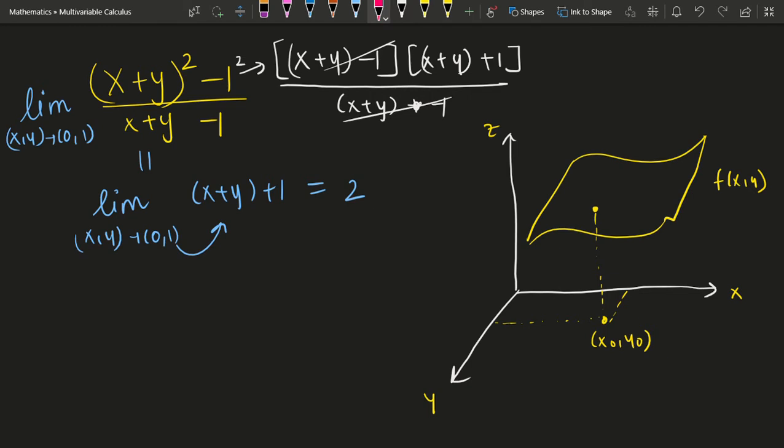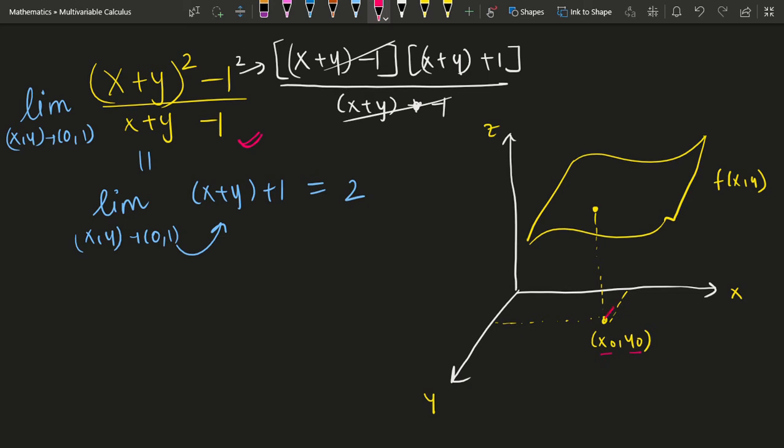And let's say that for plugging in x naught, y naught, the function's not defined, just like in the case that we had here. So instead what you do is you start putting values that are really close to this value.